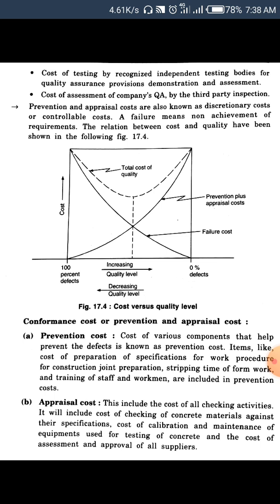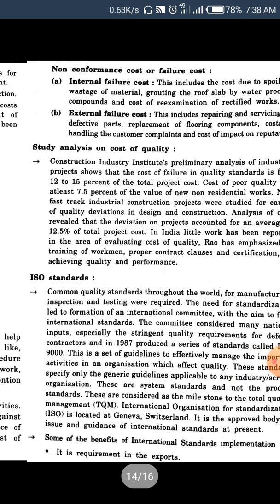And second is the appraisal cost. This cost includes all the checking activities like checking the concrete material, checking or maintenance of the equipment, and cost of assessment and approval of all the suppliers. So these are the appraisal cost.